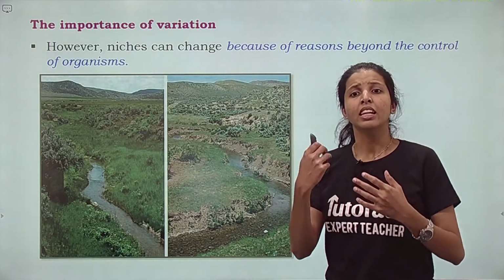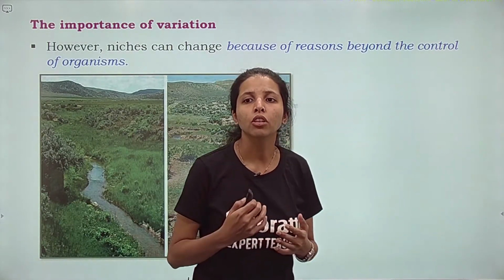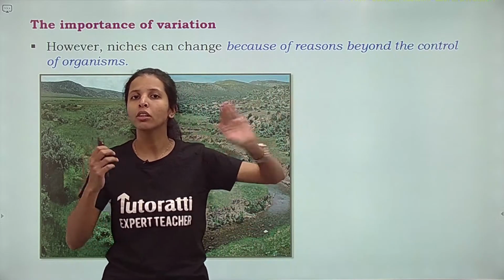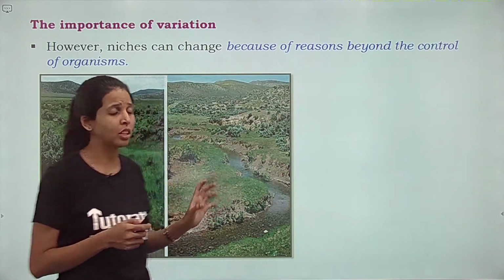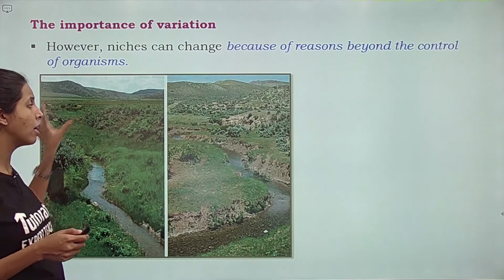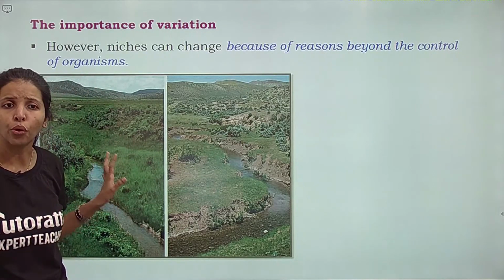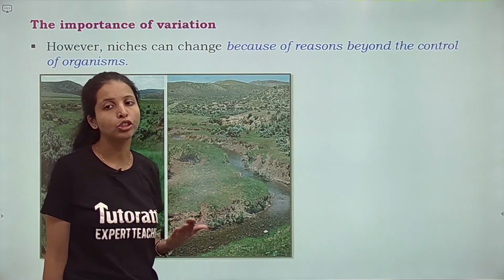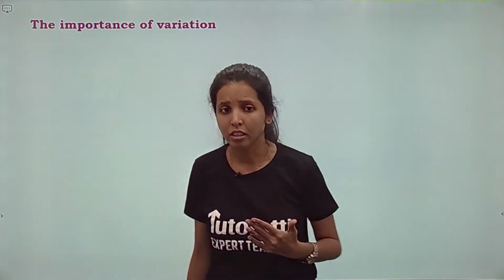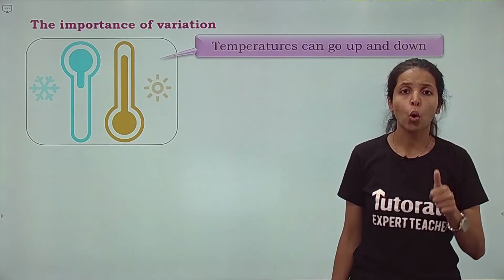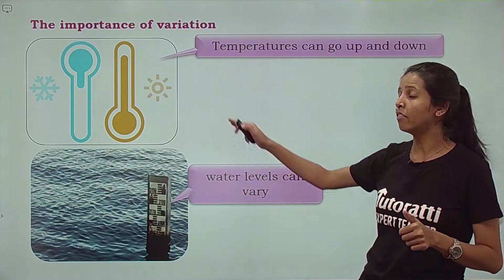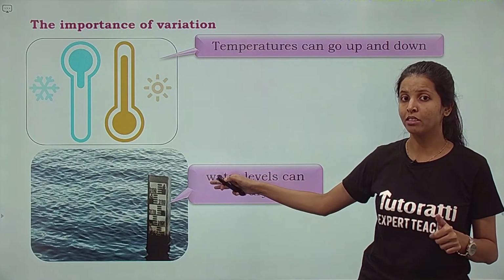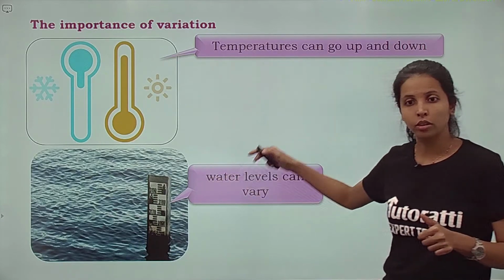However kids, these niches can change because the reasons are going to be beyond the control of an organism. ज़रूरी नहीं है हमेशा the environment and their habitat is going to remain the same. Due to other environmental reasons, वो change हो सकते हैं. For instance, the temperature could go up and down, the water level may vary जिससे aquatic organisms affect होते हैं.